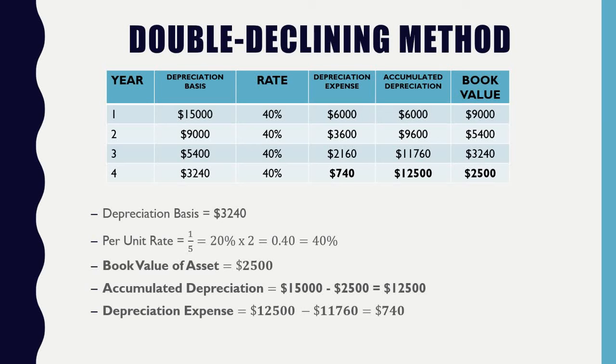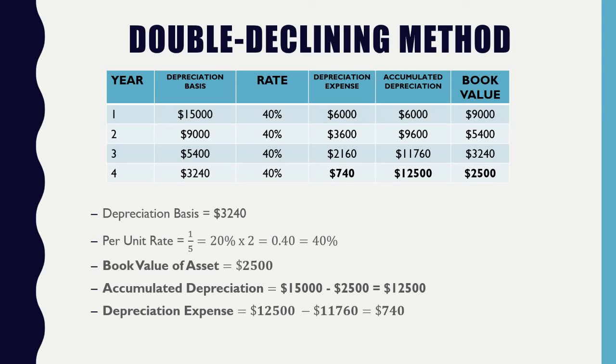Now I need to solve for depreciation expense, which we know from the formula for calculating accumulated depreciation. We just move the formula around. The original formula is that accumulated depreciation equals previous years' accumulated depreciation plus the current year's depreciation.